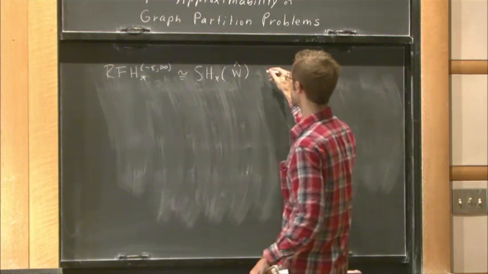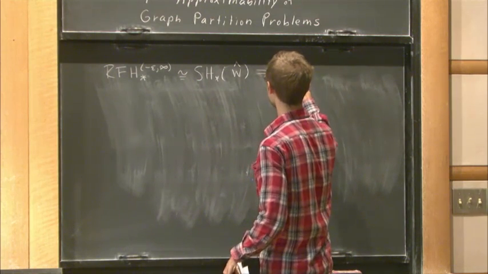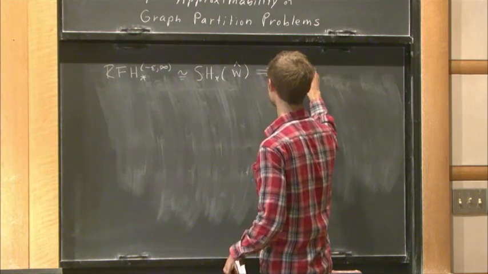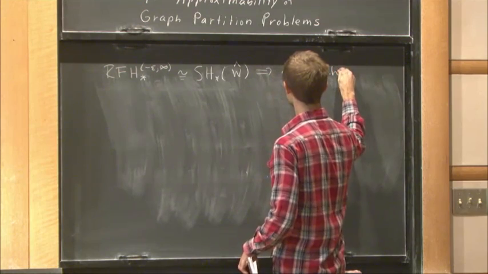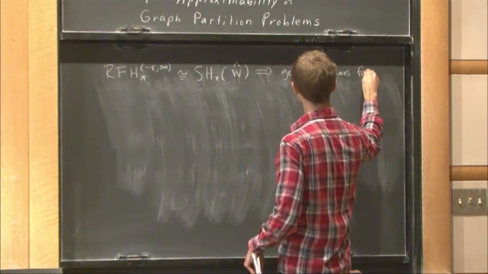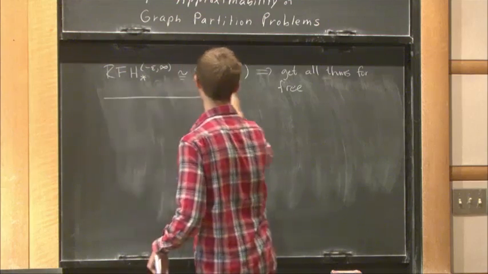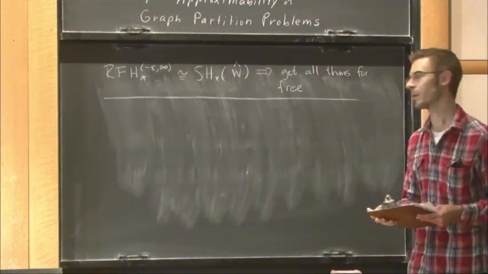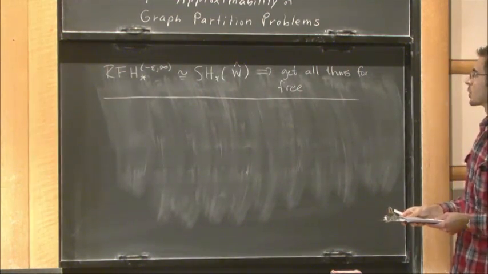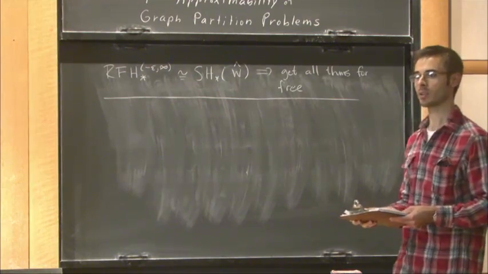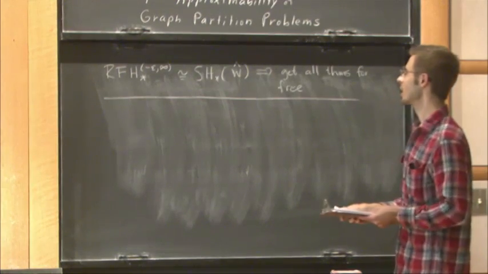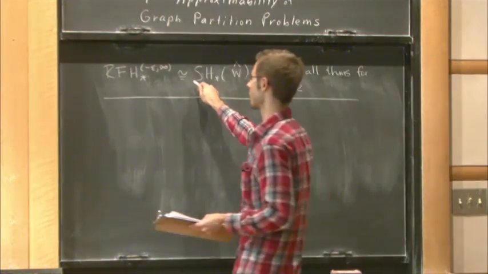And so this implies that you get all the theorems. Rabinowitz Floer homology is certainly not as developed a field as symplectic homology, so a lot of the nice technical results that have been proved you get for free via this isomorphism.